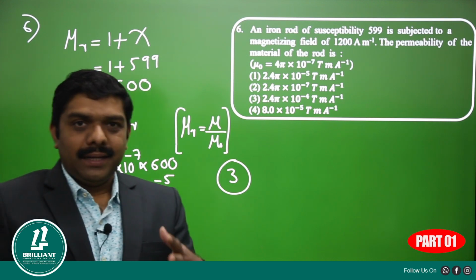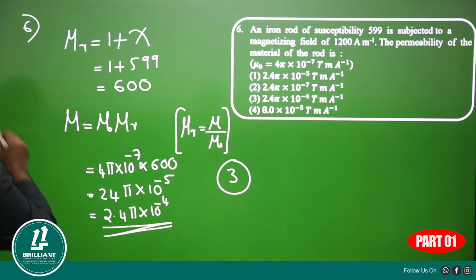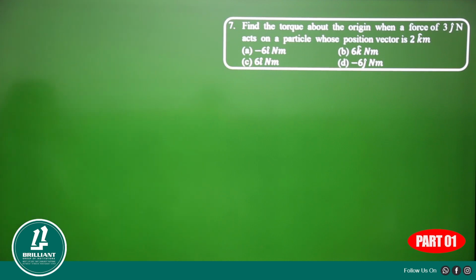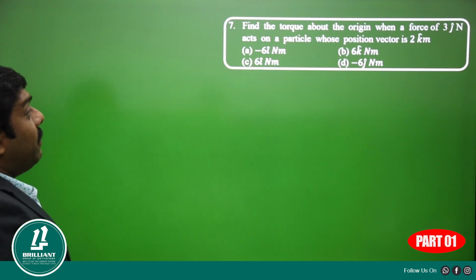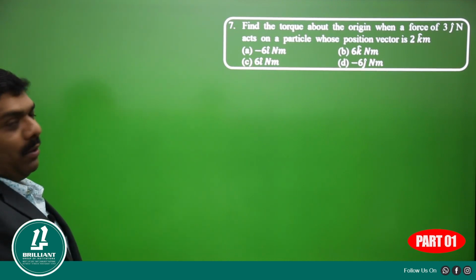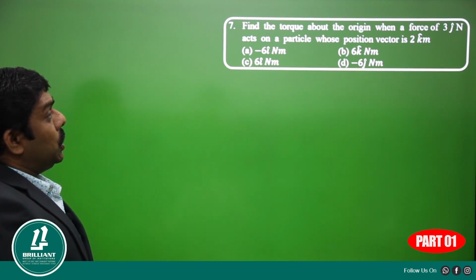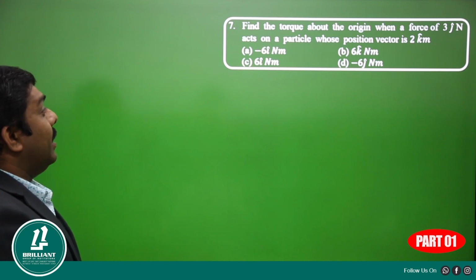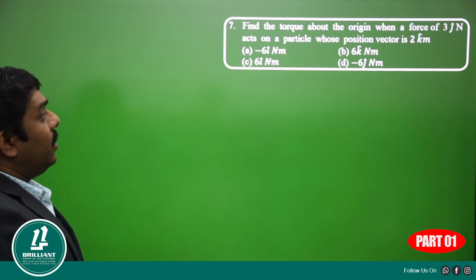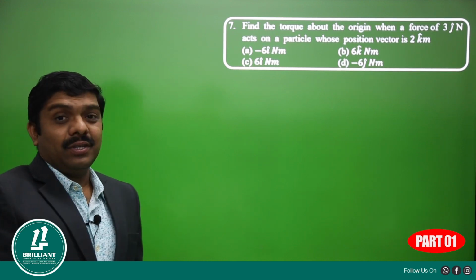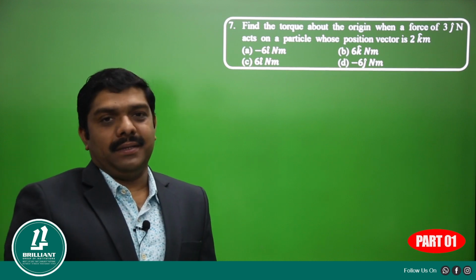Now we are doing the next question. See, look, question 7. Find the torque about the origin when a force of 3 J cap Newton acts on a particle whose position vector is 2 K cap meter.